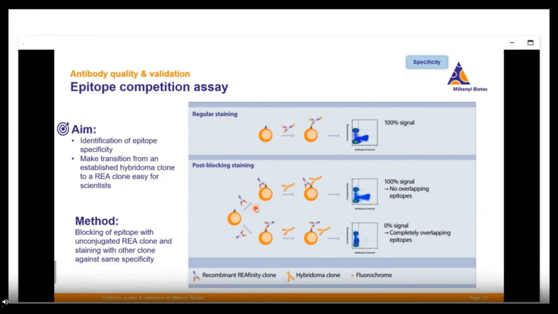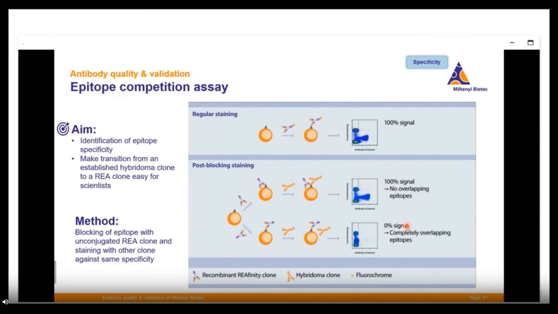Now, what happens in this case? Afterwards, we perform a staining with the fluorochrome-conjugated hybridoma antibody to see if it can bind to the antigen or not. In case the REA clone does not share the same epitope as the hybridoma clone, this will result in a successful staining in flow cytometry, as you can see, with no overlap, meaning that the hybridoma clone was basically targeting another epitope.